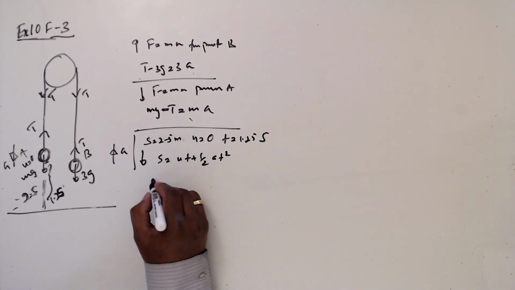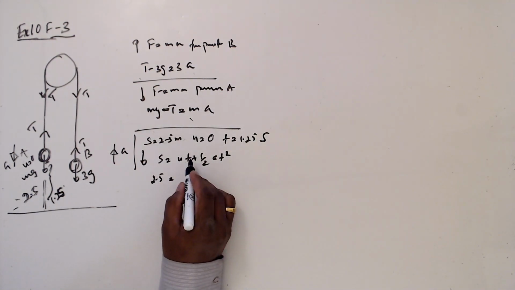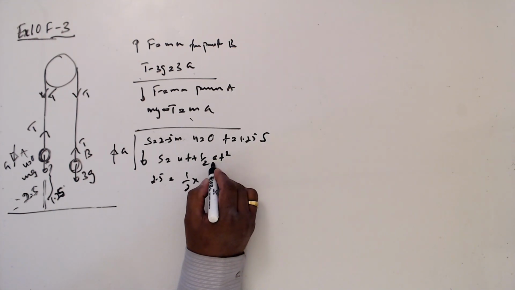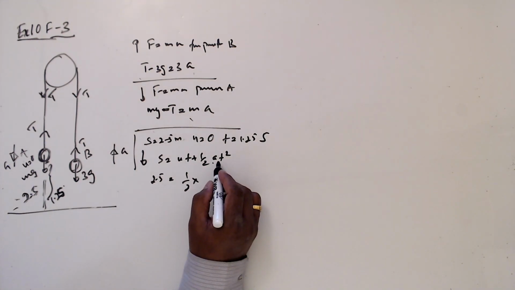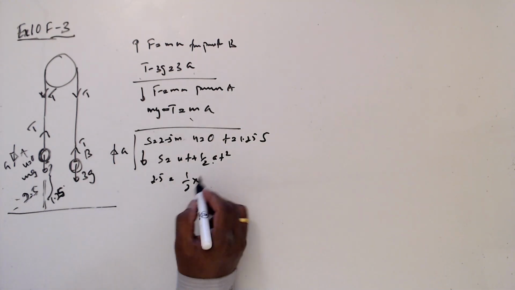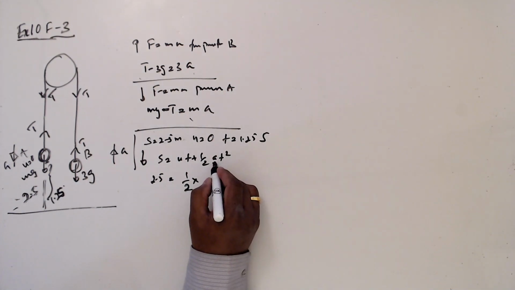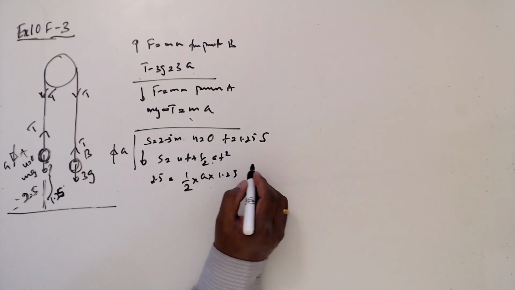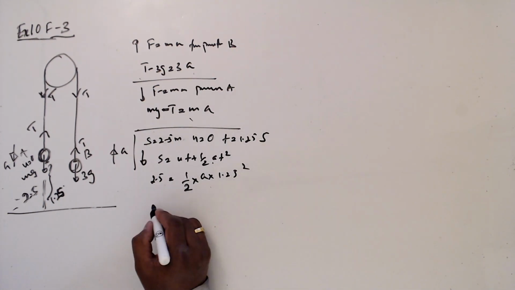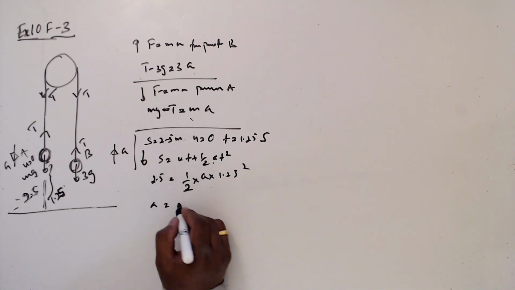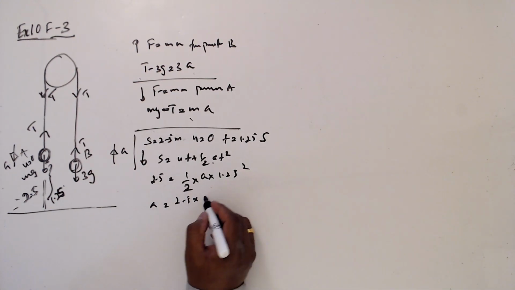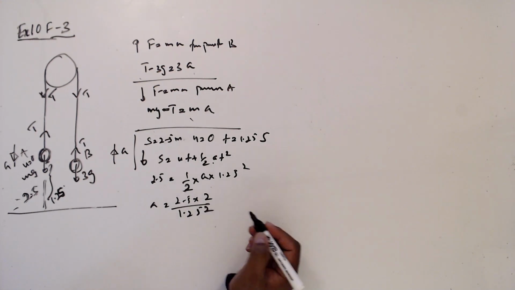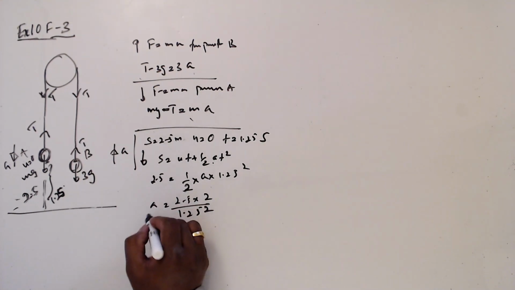So s is 2.5 and u is 0 and half a, t square is 1.25 square. Then a equals 2.5 times 2 divided by 1.25 square. So we can find a.